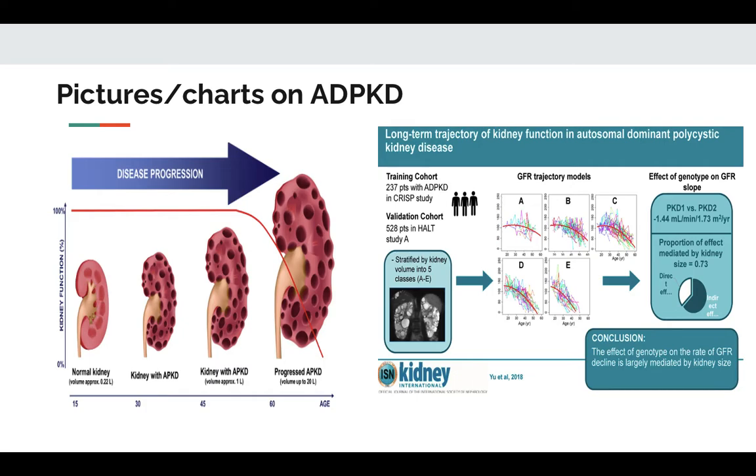And there are 5 different charts based on kidney volume, and they're comparing the faulty gene of PKD1 versus PKD2.